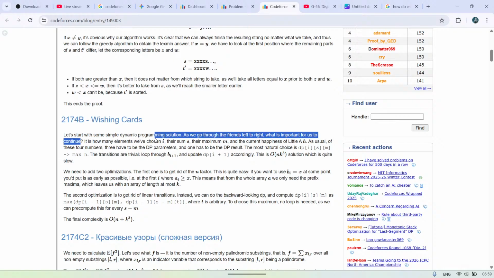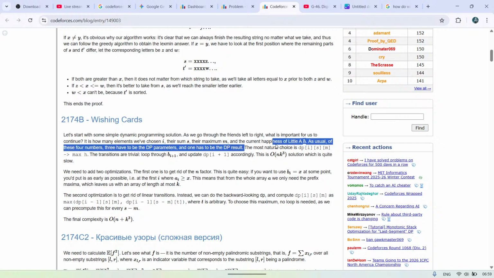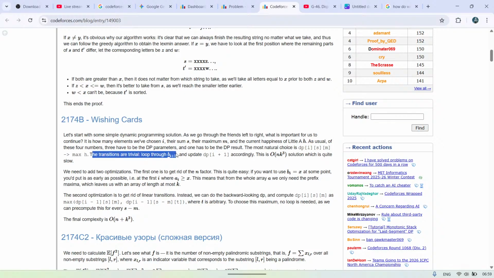It is how many elements we have chosen I, the sum S, the maximum M, and the current happiness of little a, H. As usual, of these four numbers, three have to be DP parameters and one has to be the DP result. The most natural choice is DP of I, S, M, max of H. The transitions are trivial. Loop through B_i, update DP accordingly. This is a solution which is quite slow.